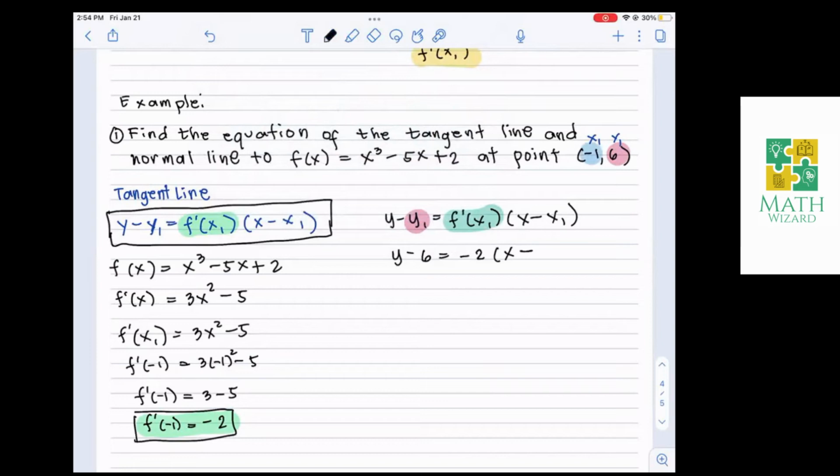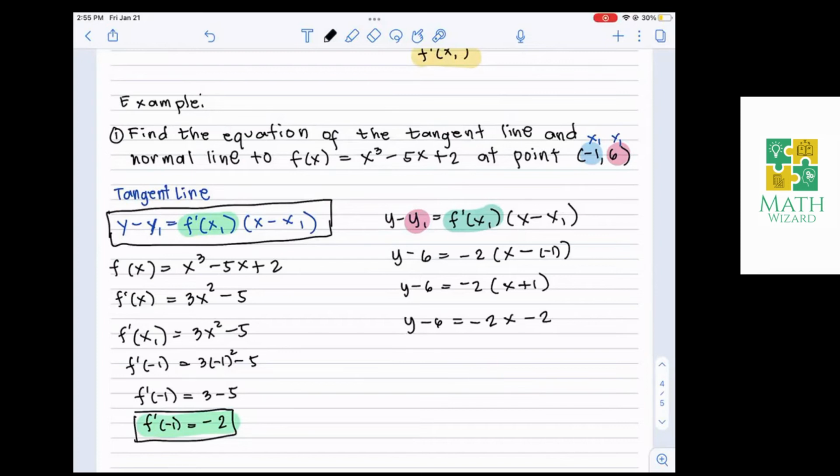So this becomes negative 1. Ayan. So y minus 6 is equal to negative 2 times x plus 1. Okay, dapat ang equation natin ay naka-format ng y is equal to. So this become y minus 6. Distribute natin ng negative 2. It becomes negative 2x minus 2.